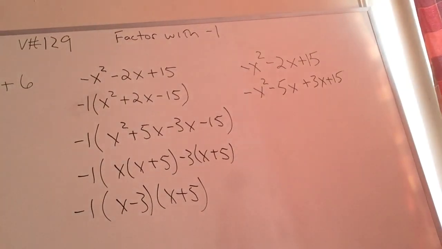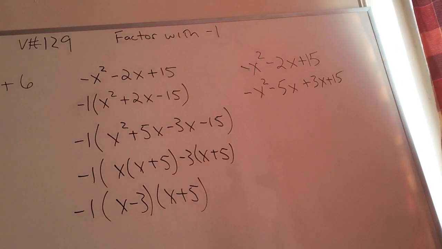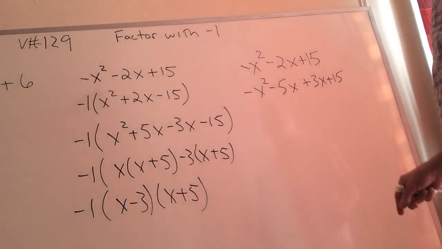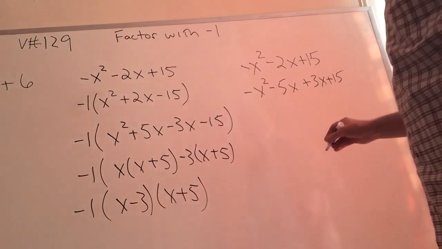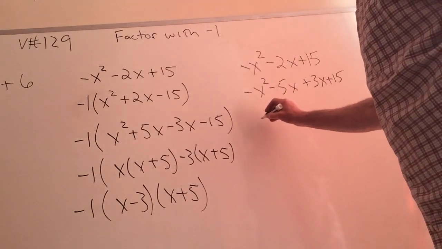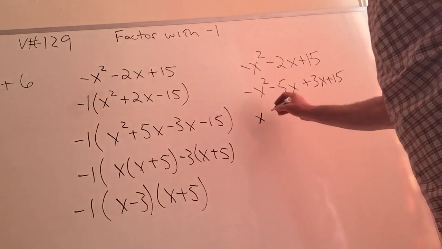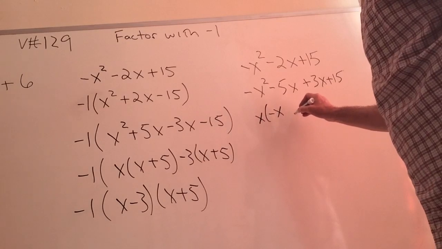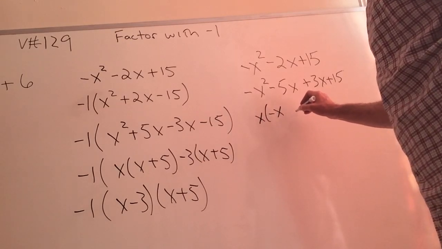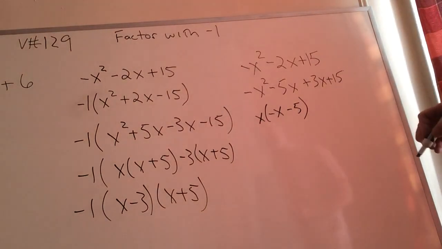And I'm going to assume you know how I got these two numbers over here, and I'm going to write it out like this, okay? And now I'm going to factor out the x, okay? And what's going to be left? Well, negative x, okay? Minus what? Okay? See what I did there?